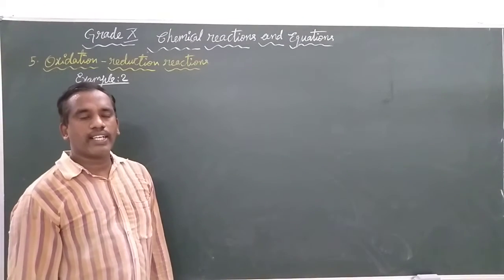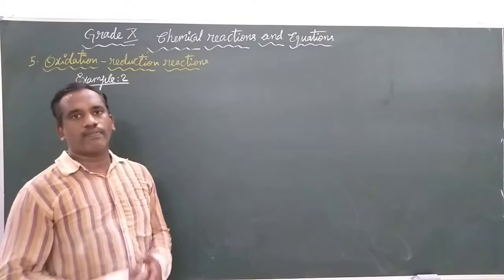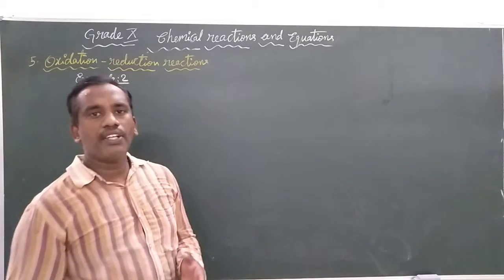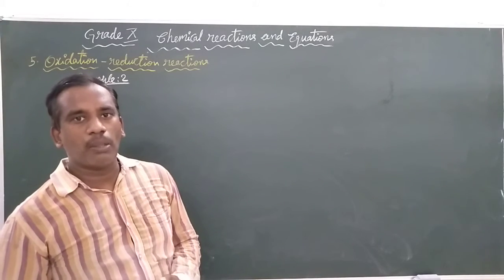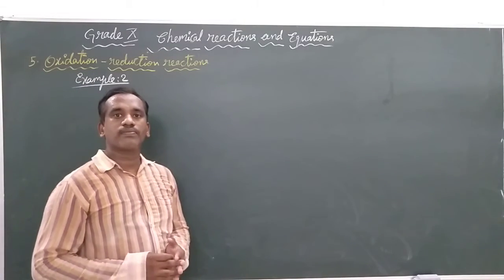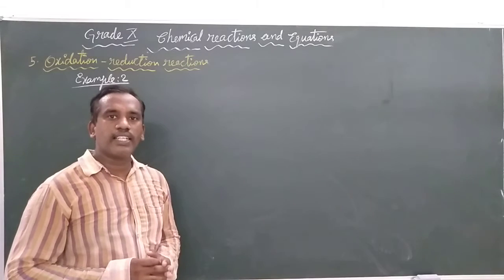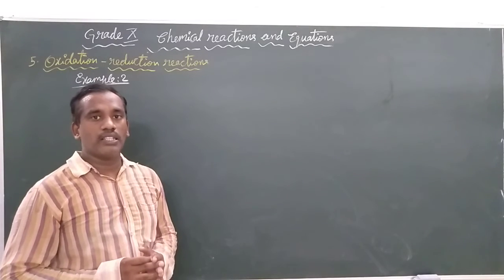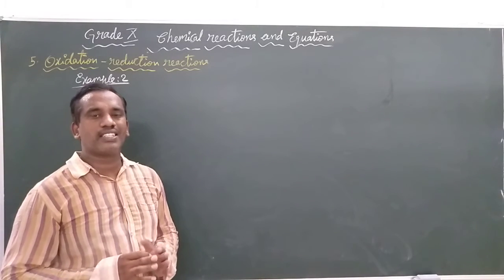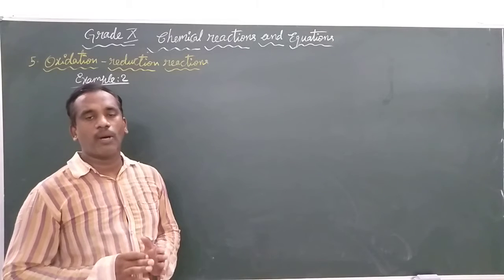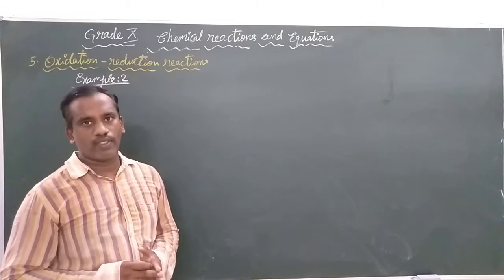So let us take another example. Have you ever heard about the metal called zinc? Zinc is a metal in the periodic table. Its position is the 30th element, atomic number 30.